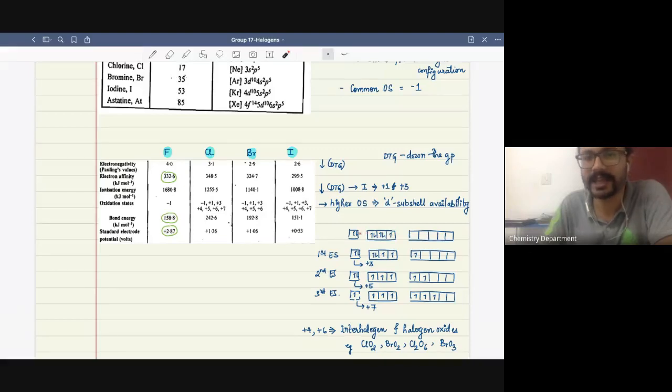There would be a great amount of electronic repulsion because of the small size of the fluorine atom. Because of the small size of the fluorine atom, the electrons are pretty close to each other. So when the extra electron is added, a greater amount of electronic repulsion will happen in the case of fluorine. It will highly disfavor the acceptance of an electron, causing a higher degree of electronic repulsion in the case of fluorine.